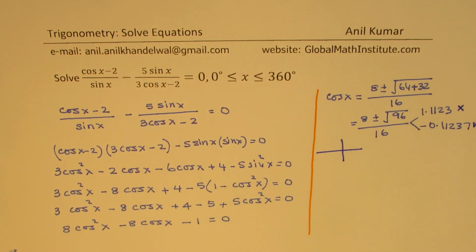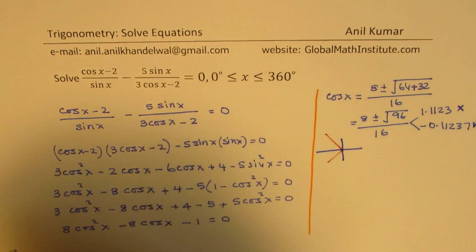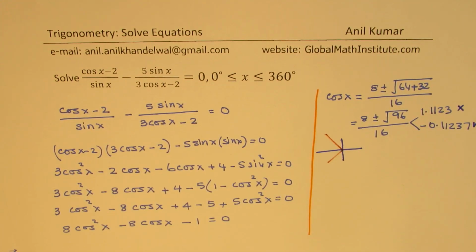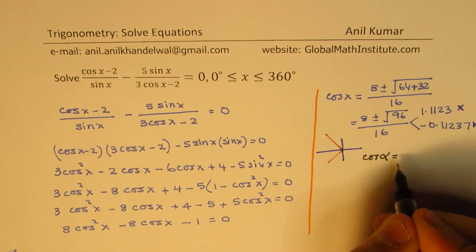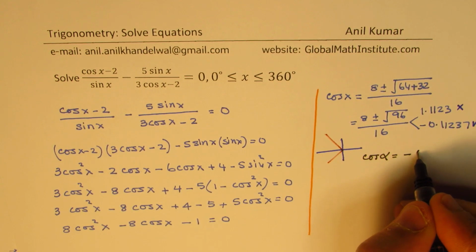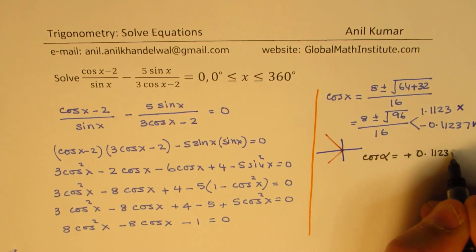For a negative value, which for cosine will be in quadrant 2 and 3, right? So these are the two solutions. So let's find the cosine of alpha. So cos alpha, the acute angle, which will give us the value which will be positive 0.11237.